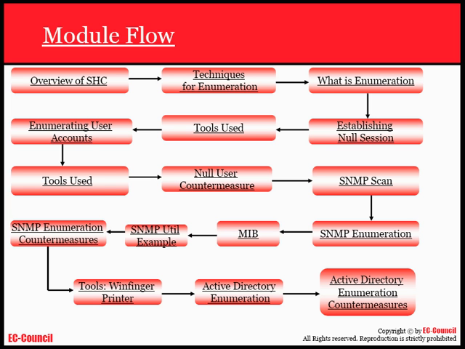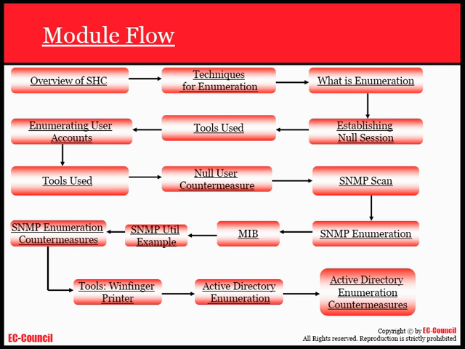So first we're going to look at the system hacking cycle. We'll talk about the different techniques that you can use for enumeration and actually what enumeration is. We'll look at establishing a null session, what tools can be used, and then how we would use those tools to enumerate our user accounts. Next, once we take a look at those tools, we'll talk about null user countermeasures and how you would protect against it.